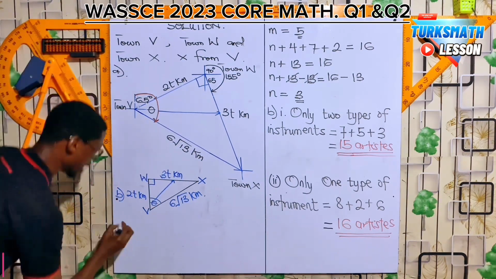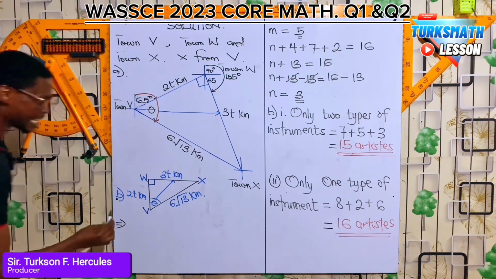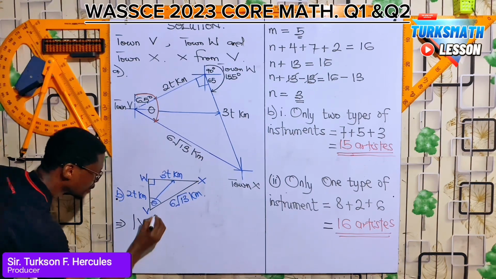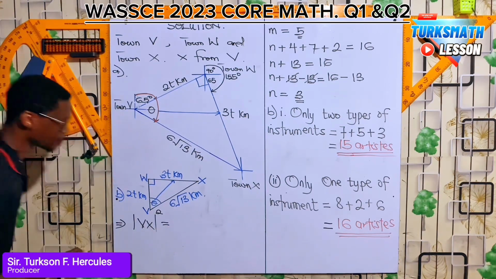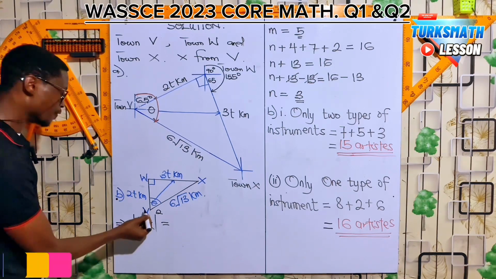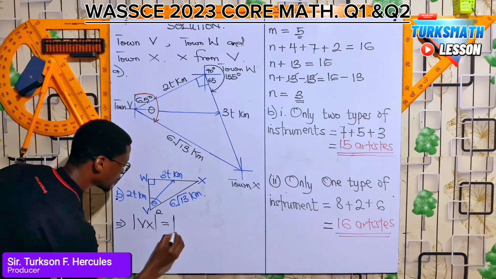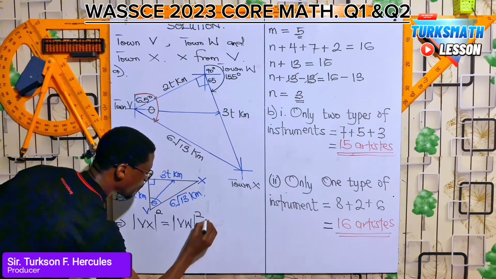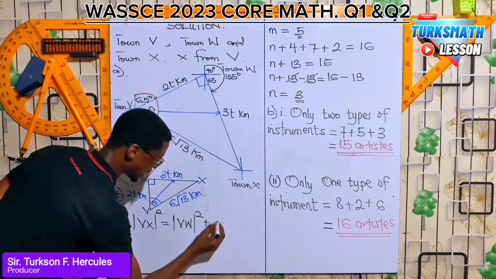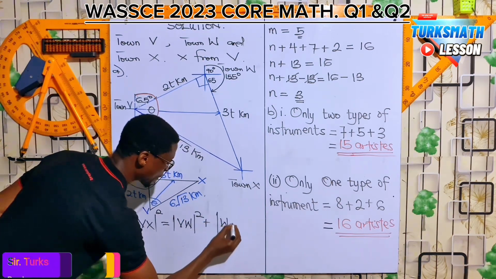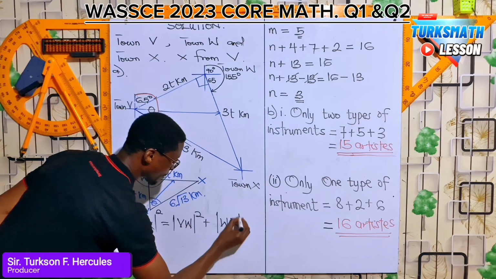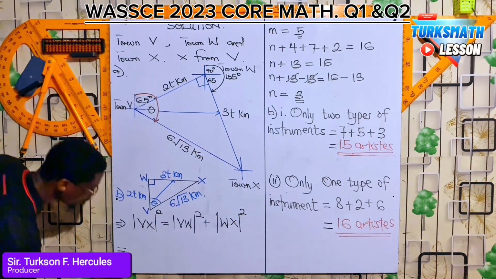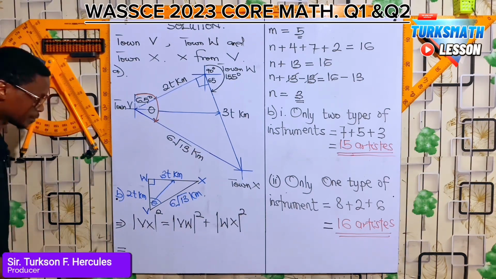So here I'm going to say the distance of Vx squared equals the distance of Vw squared plus the distance of Wx squared. So what's the distance of Vx?